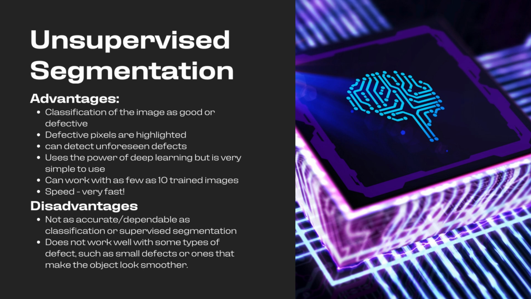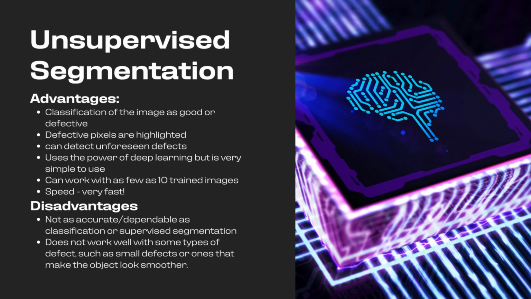If what we're looking at varies very, very little, in other words, it's not an organic product, maybe something that is very, very regular, and from one sample to the next there are very few or very subtle differences, then we need very few trained images to define everything we think is good. And the great news about that is if you haven't got many trained images, then the speed is incredibly quick. So they are very, very good advantages.